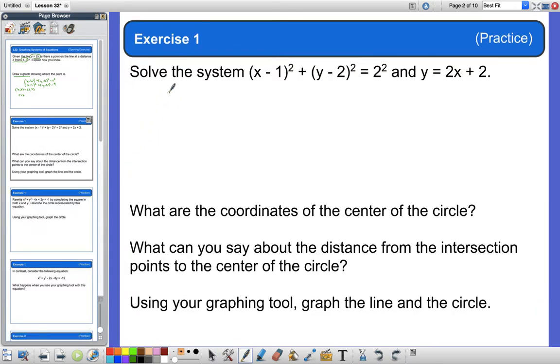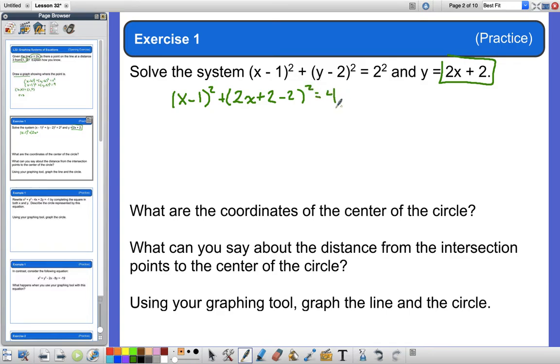So if we wrote it out, if y is equal to 2x plus 2, we're going to write (x minus 1) squared plus, and instead of putting y, we're going to put (2x plus 2), minus 2, and square it.